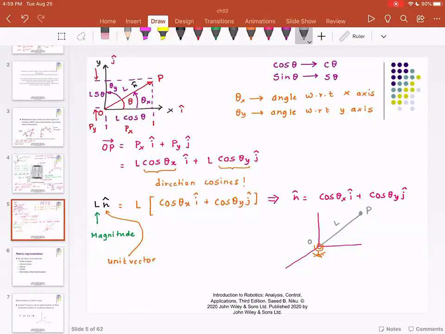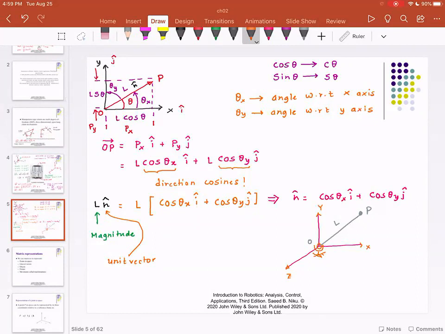To find the position of point P with respect to O, and this is extremely important, I can just find the angles made by this manipulator with respect to my reference coordinate frame. We will talk about coordinate frames in just a second.